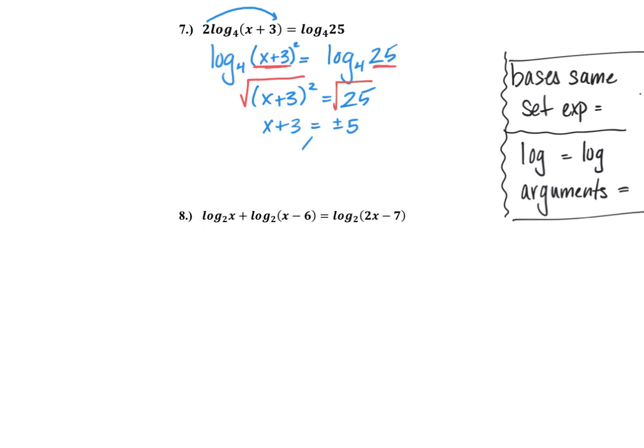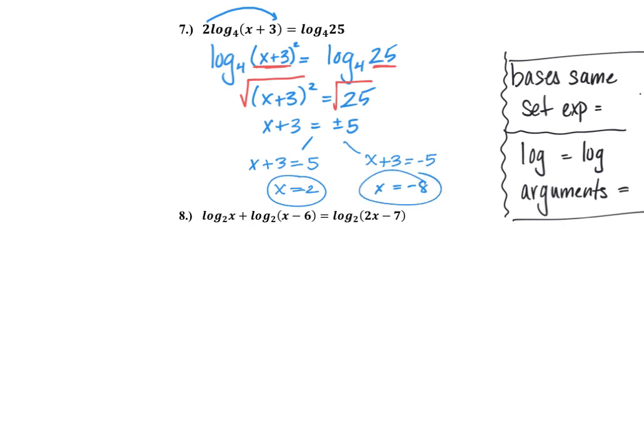Solving those two cases, I'm going to have an x plus 3 equals a positive 5, and I'm going to have an x plus 3 equals a negative 5. So that's going to give me x equals 2 as one solution, and x equals negative 8 as my other.